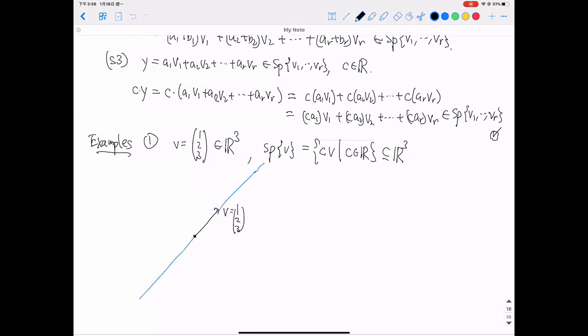Because this is a scalar multiple for an arbitrary real number, you get to probe both directions at all possible distances or lengths. So the span of this single vector v just traces out a line.